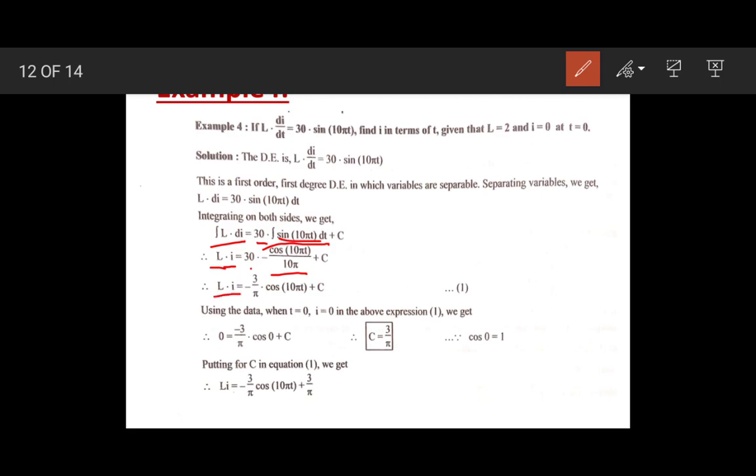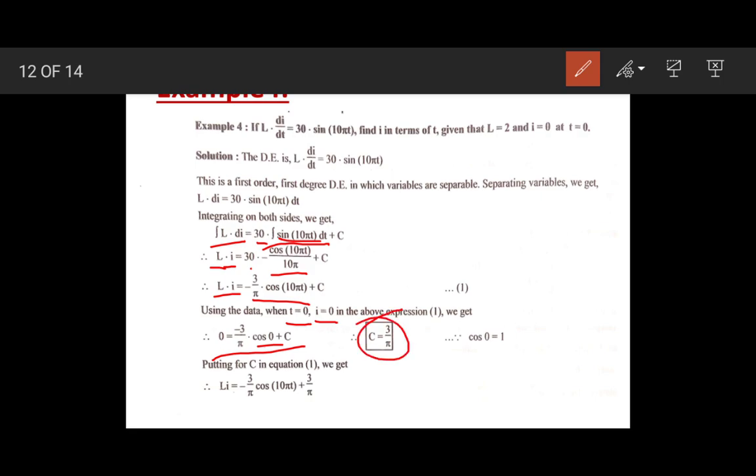So L I is equal to minus 3 upon pi into cos 10 pi t plus c. Now what is given: when t is equal to 0, I is equal to 0. So when we substitute this in the above equation, we get 0 is equal to minus 3 upon pi into cos 0 plus c. So cos 0 is 1, and we get c as 3 upon pi.